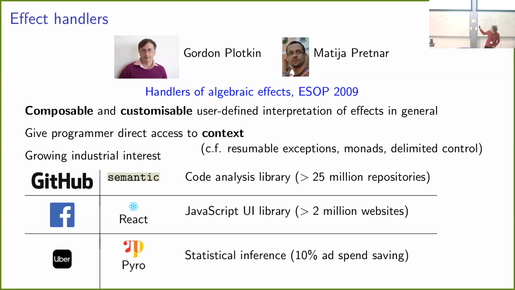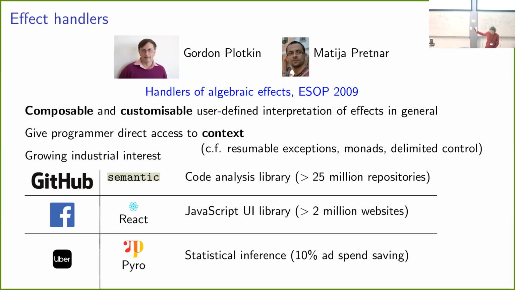Also, React does not directly use algebraic effects or effect handlers, but many of its abstractions are directly inspired by them. And then Uber's Pyro language does build in effect handlers, and they're used for abstracting over different forms of statistical inference.